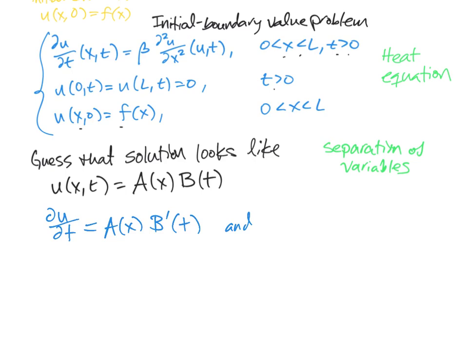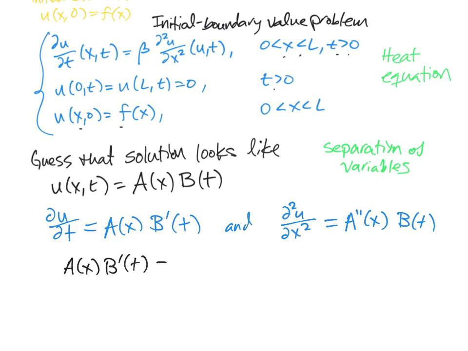And our second derivative, d2u/dx squared, equals a double prime of x times b of t. So putting everything together into the first line of our initial boundary value problem, we get a of x, b prime of t equals beta a double prime of x, b of t.